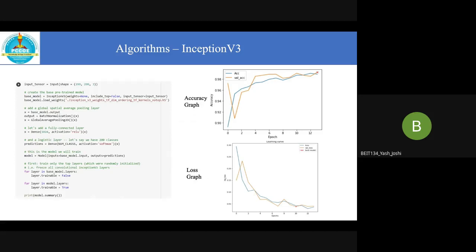So the model is modified, and then the model is saved. After the training, we can see that the model stops itself after 12 epochs, as it is the best case scenario, and after training, we found that the accuracy was greater than 98%, and the loss was less than 0.05%.